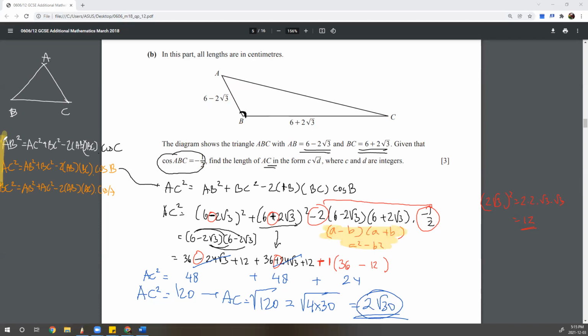Yes, Vicky. Wait, what's 24 square root 3? What's the answer for that? Is it like this? Let it be. You can write like this also, cross it out.